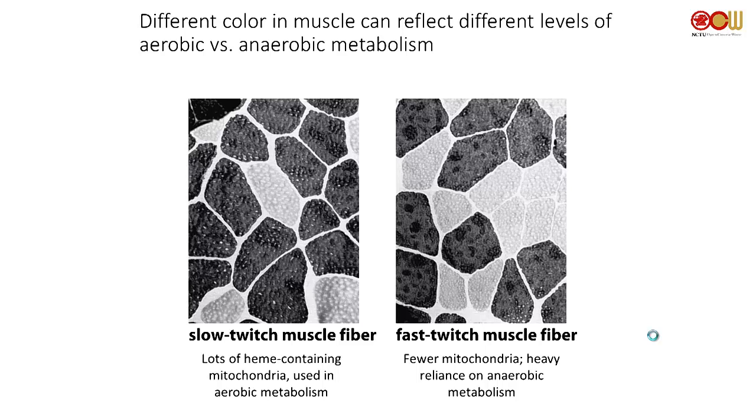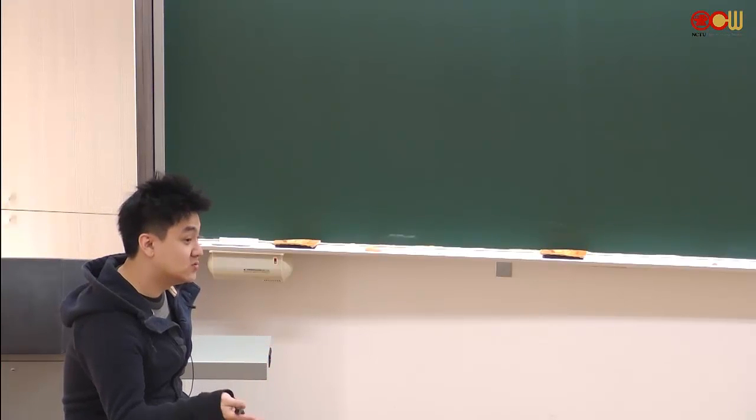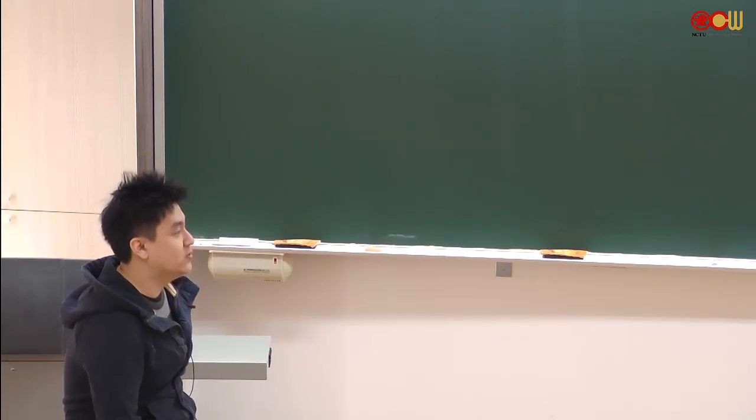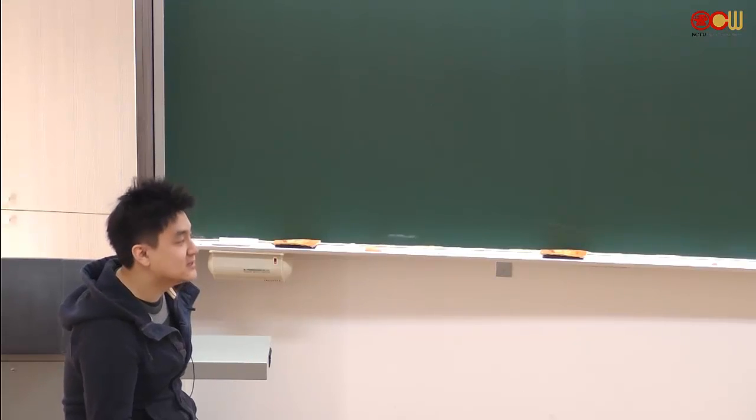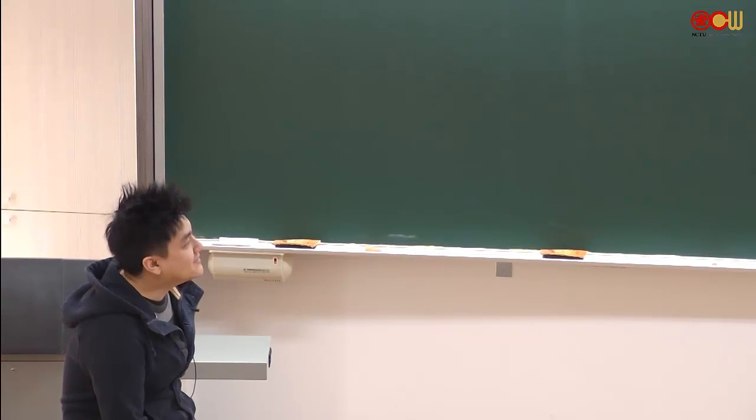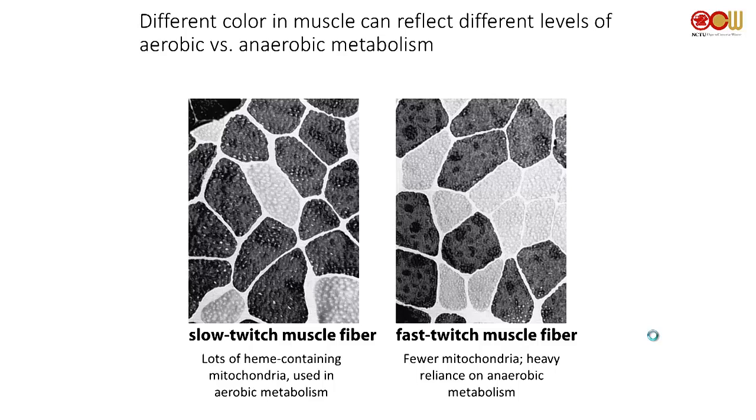On the right side, you have fast twitch muscle fiber, which has fewer red cells and more white cells. More red corresponds to more heme, and heme is related to hemoglobin, to the transfer of O2. So basically these red cells are going to have a lot of heme-containing mitochondria.